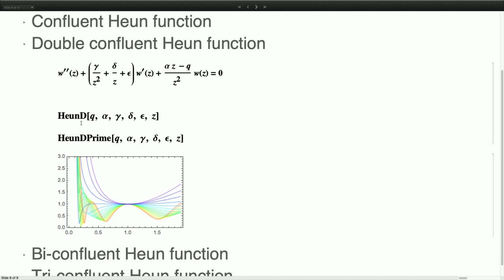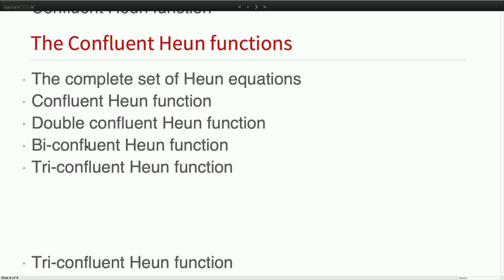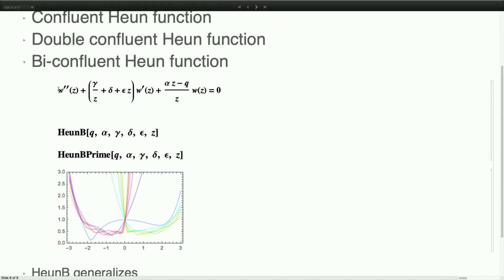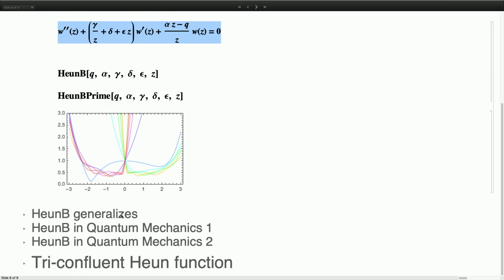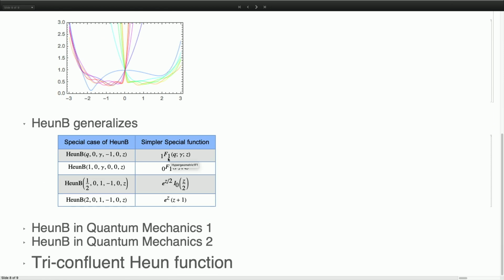However, we've implemented two functions, HeunD and HeunDPrime, that are solving this. The whole HeunD is solving this equation. The biconfluent Heun function is the HeunB function that solves this equation. It generalizes the 1F1 function, the 0F1 function, and it's of course connected with the Bessel functions.